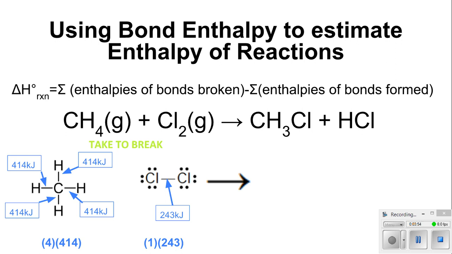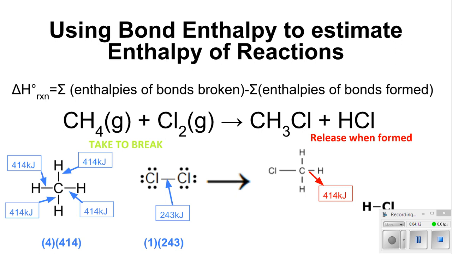Then I look at my product side. And then I have methyl chloride and hydrochloric acid. And so I look at those bonds again. And this time, when bonds are formed, we're releasing energy. Energy is released. So then I have the arrows pointing out. And it's still a carbon-hydrogen bond, so it's still 414 kilojoules, 414 kilojoules, 414 kilojoules.